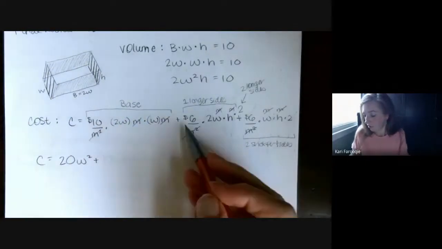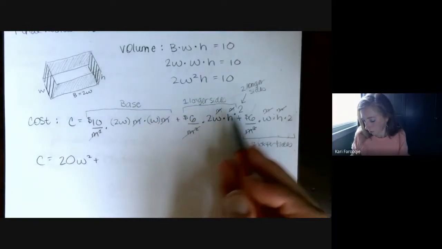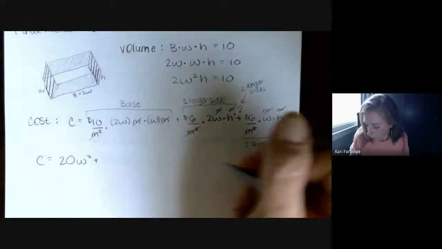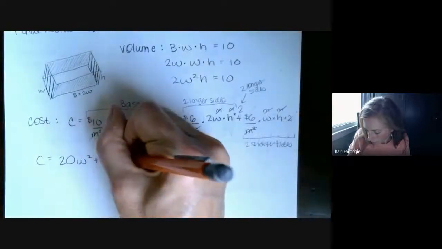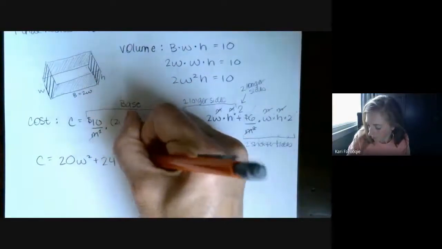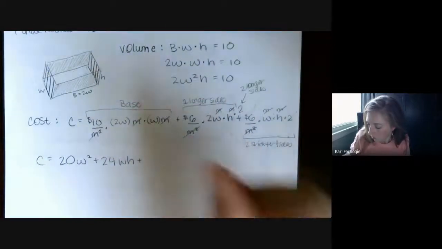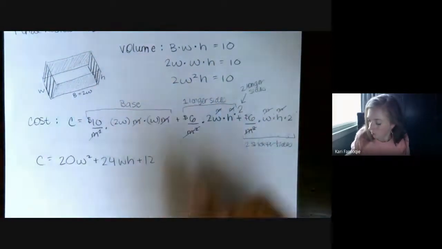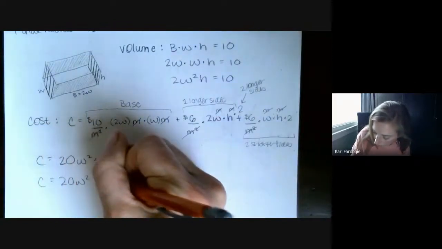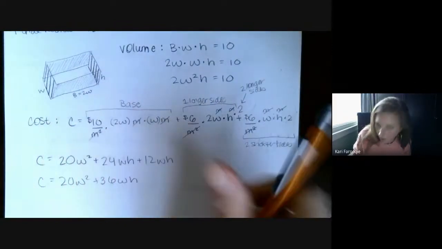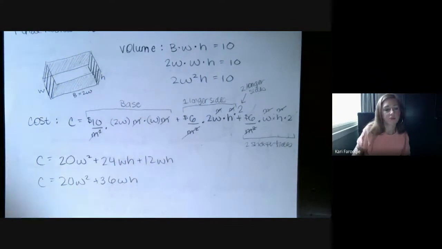All right, so 6 times 2 times 2, that's 12, times 2 is 24WH, and then 6 times 2 gives you 12WH, and then you have the cost is 20W squared plus 36WH.